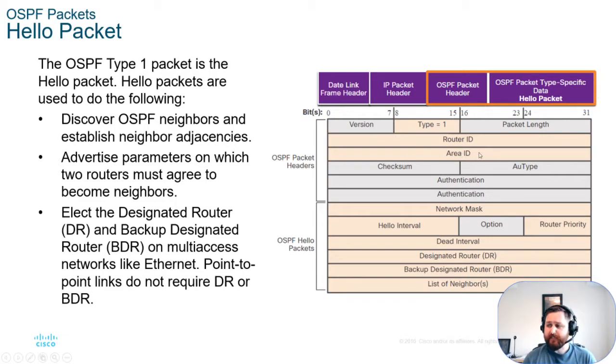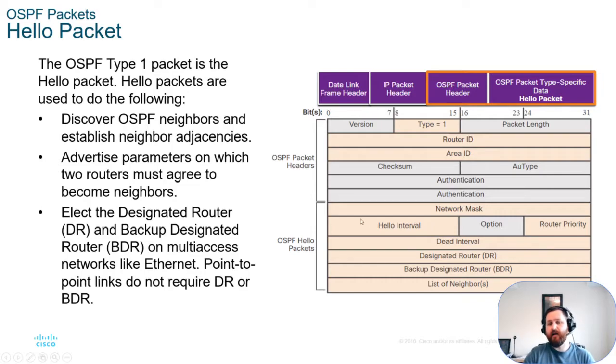Again, area ID just talks about area 0 or whatever area that you're setting up. Network mask is what our directly connected network actually is. And then hello and dead interval are how frequently we're sending out these hello packets. So this is basically a keep alive message.